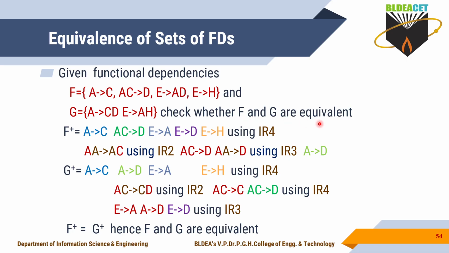As I told you, if the closure of F is equal to the closure of G, then we call F and G equivalent.